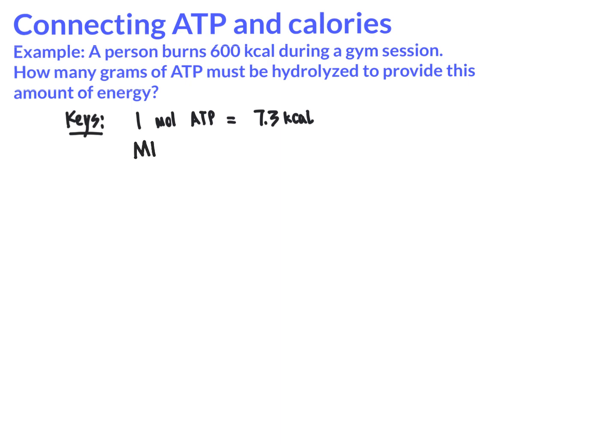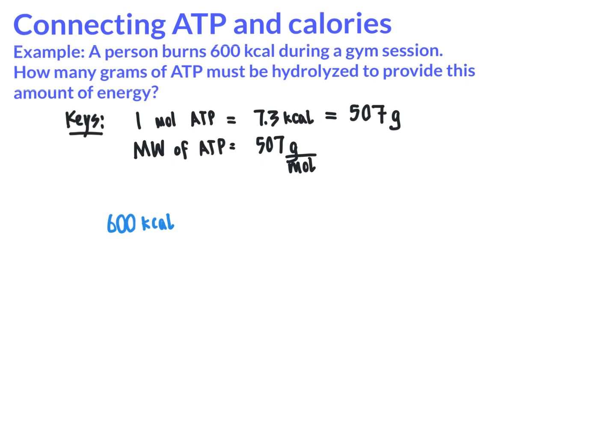So I will go ahead and jot that down as well: the molecular weight of ATP is 507 grams of ATP per mole of ATP. So in other words, 1 mole of ATP, or 507 grams of ATP, is equal to 7.3 kilocalories. Now, if we know that a person is burning 600 kilocalories during a gym session, it'd be wise for us to start with that. So I'm going to start with 600 kilocalories.